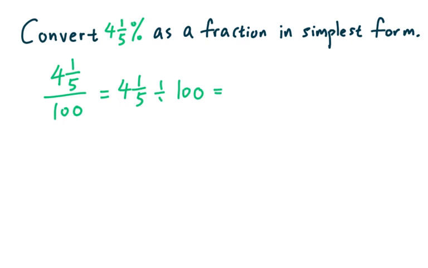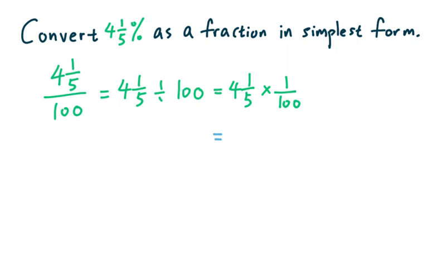And to divide a number, we multiply by its reciprocal. So we can rewrite this division expression as 4 and 1/5 times the reciprocal of 100, which is 1 over 100.